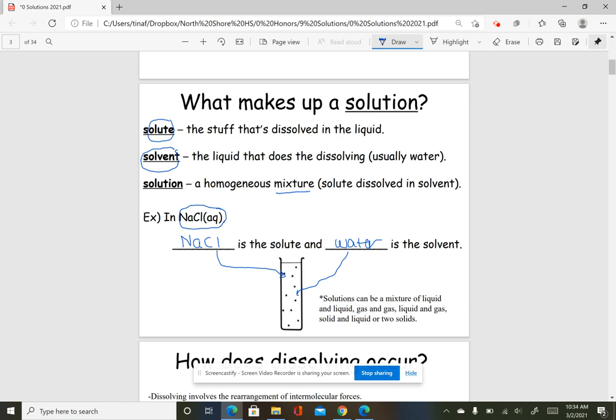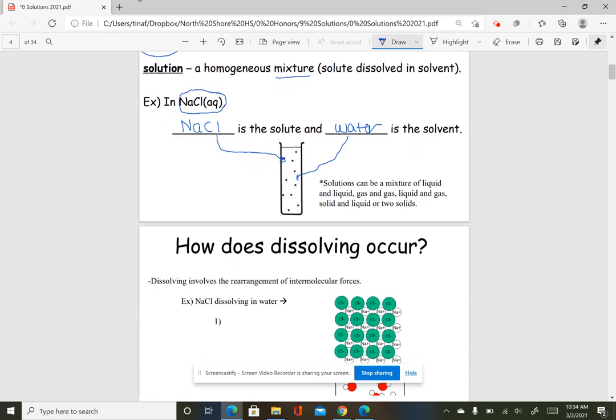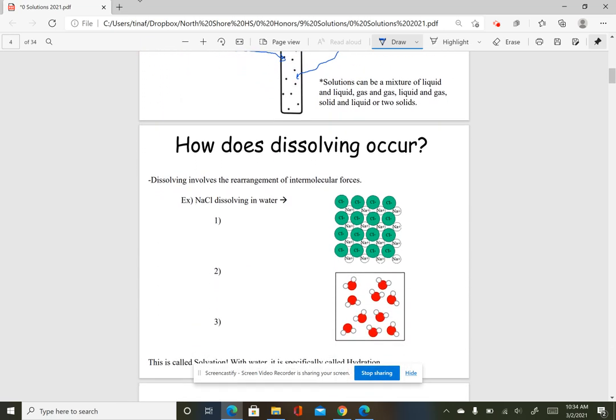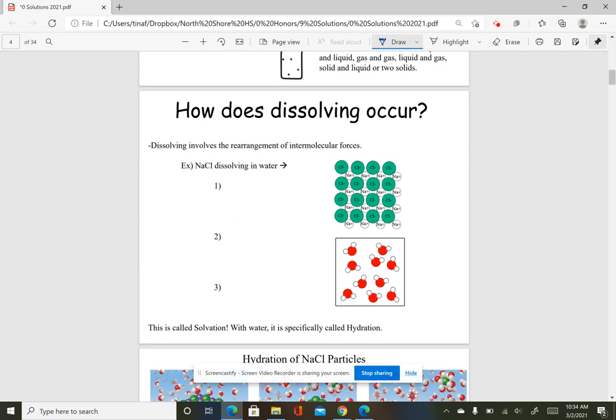Okay? All right, let's talk about how dissolving occurs. Okay, so we're using this example of NaCl, which is table salt, dissolving in water. And what happens is the intermolecular forces that are present within the solute and the solvent have to almost rearrange themselves.